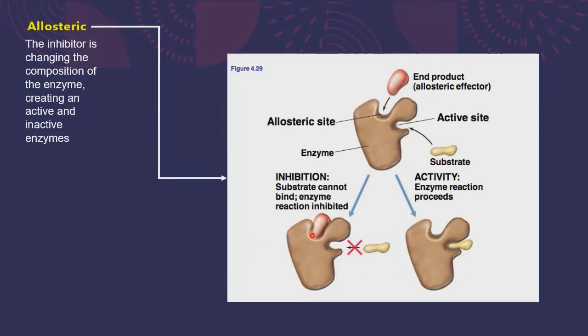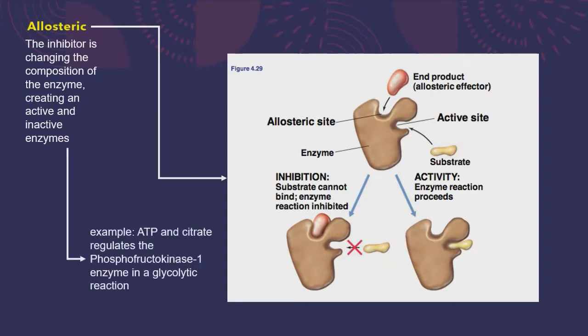So in this case, this is our enzyme and this is the substrate, wherein the substrate is not allowed to be processed further when the inhibitor is already attached to the allosteric site. And when the inhibitor is removed from the allosteric site, now the enzyme is in the active form.